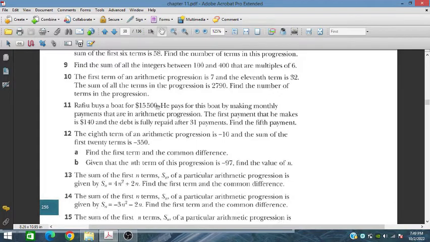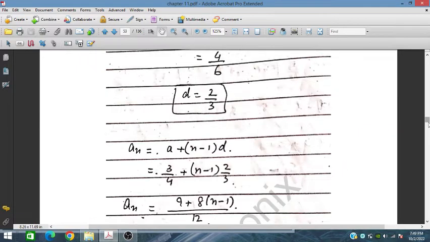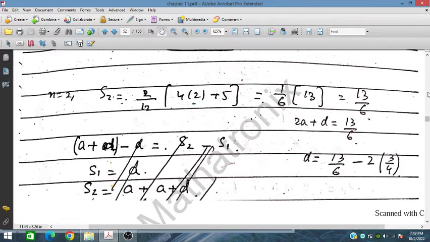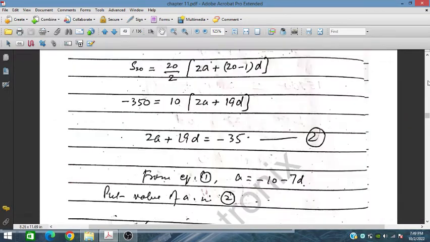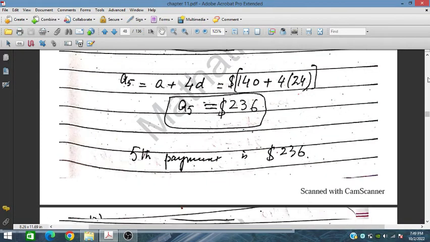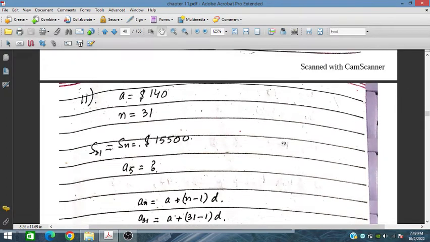So this is the sum value. So this 11th problem, go for this 11th one. Here we have A is equal to $140, N is 31, S31 is 15,500.